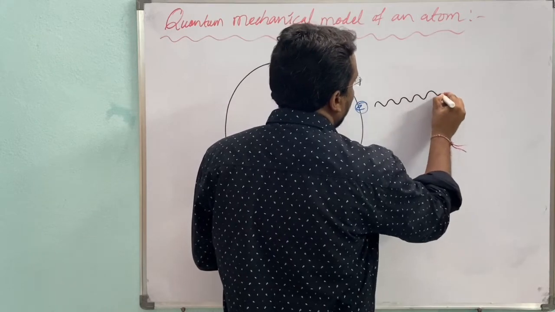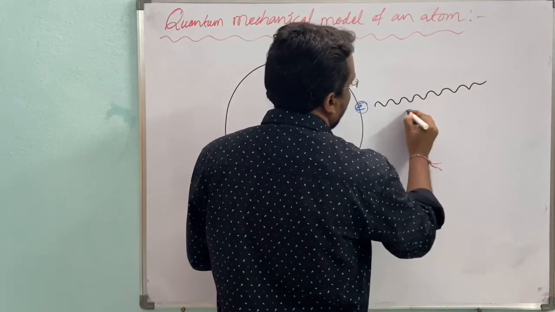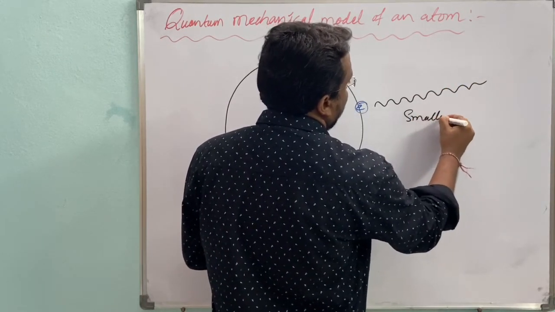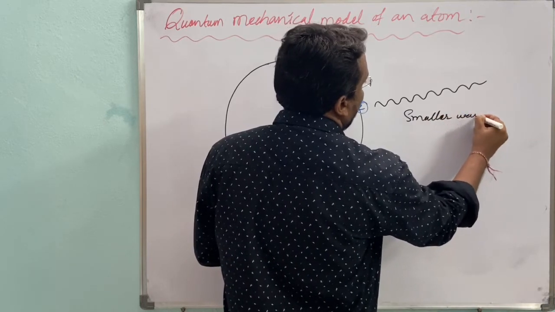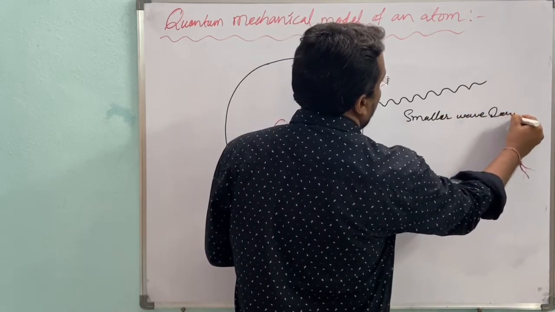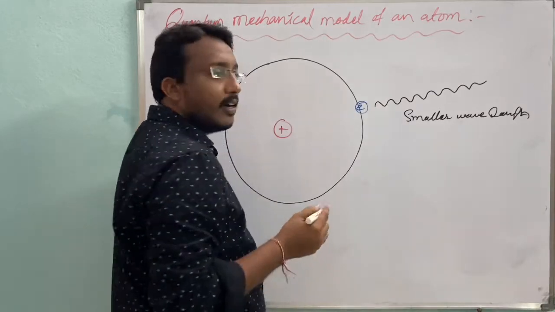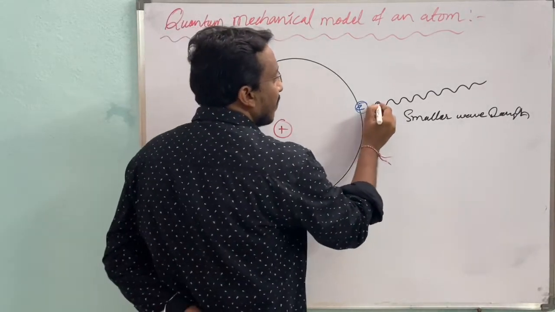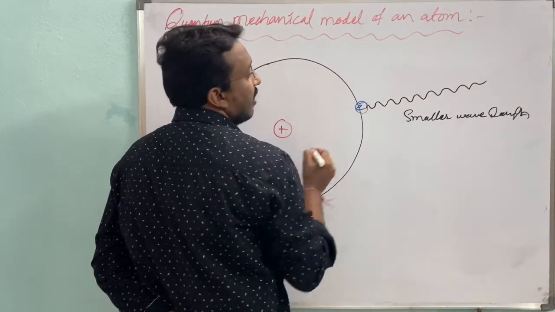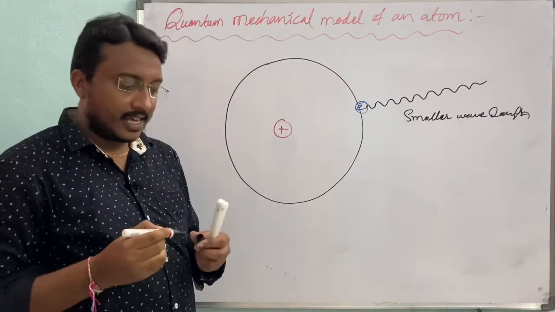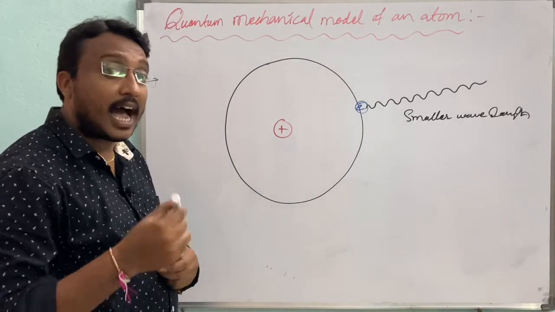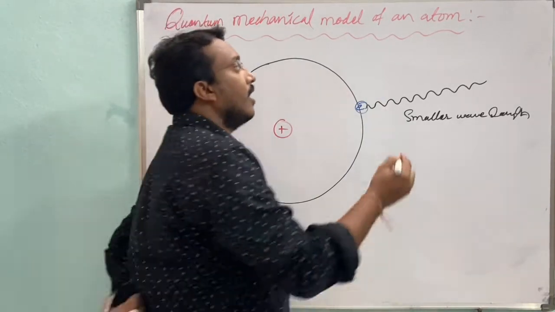Sir, why do we have to use a smaller wavelength? Because the size of the electron is very small, no? Smaller wavelength means higher frequency, right? We discussed it.